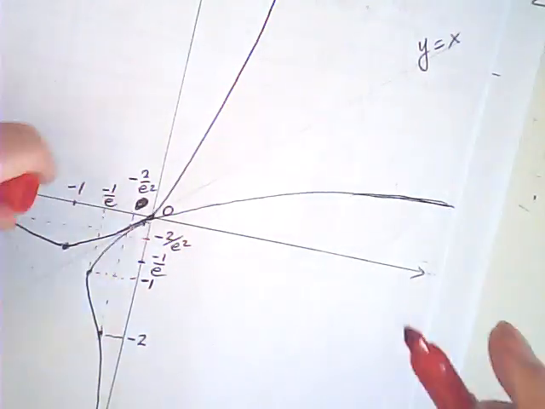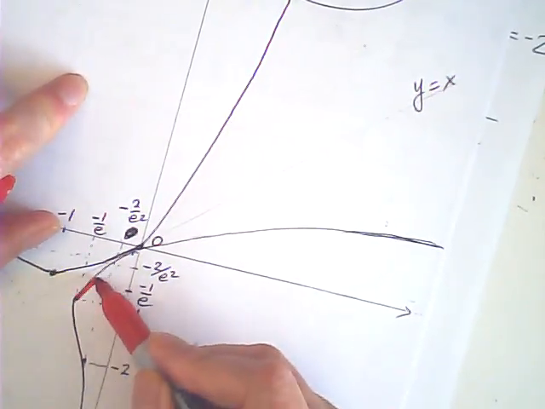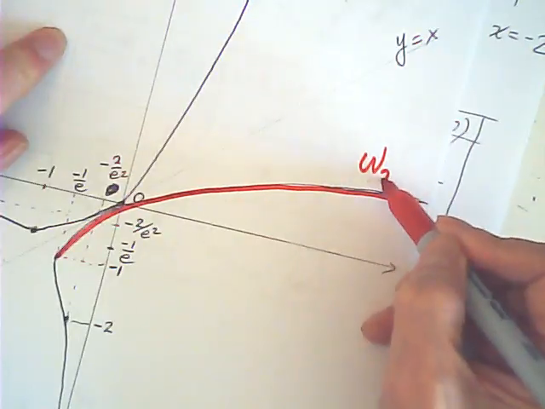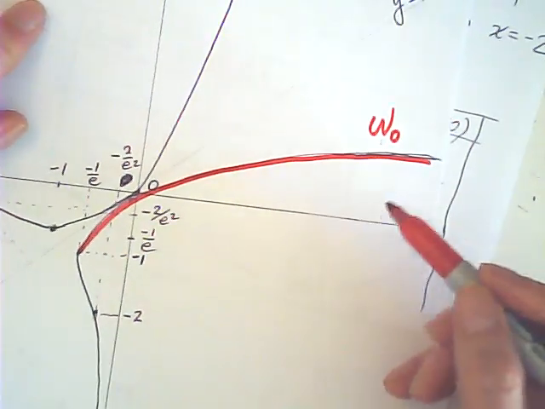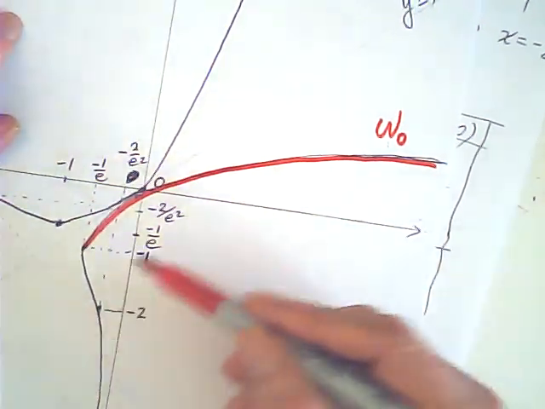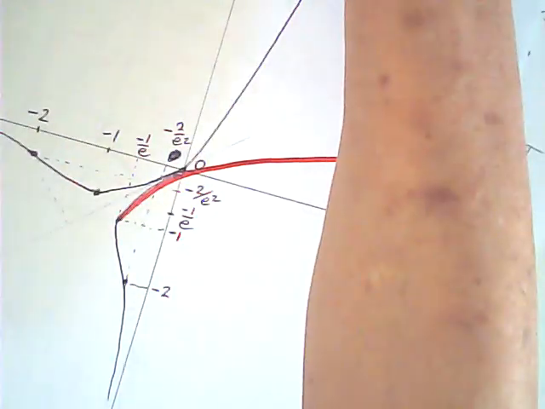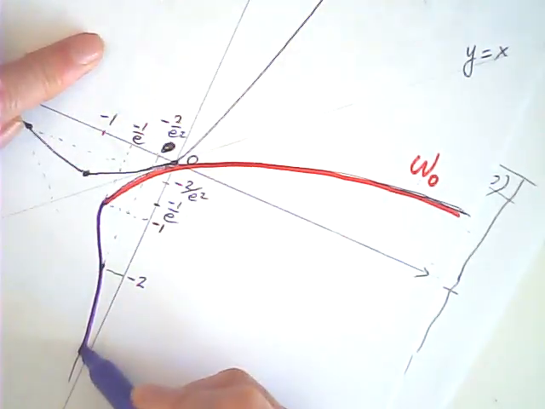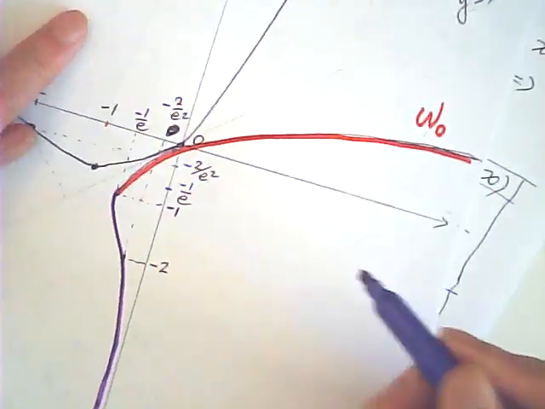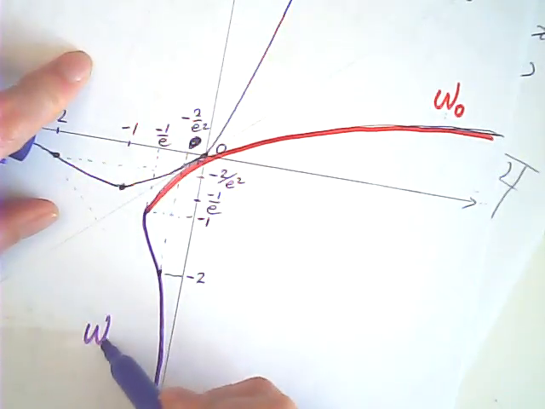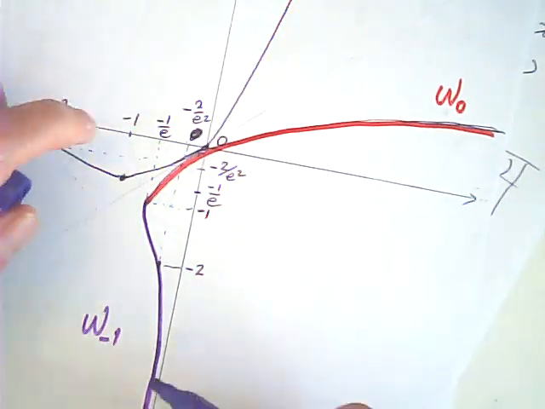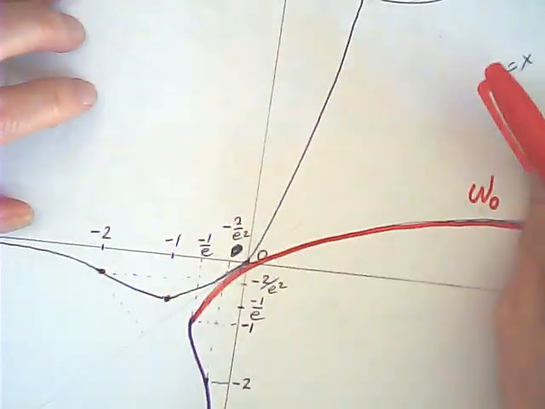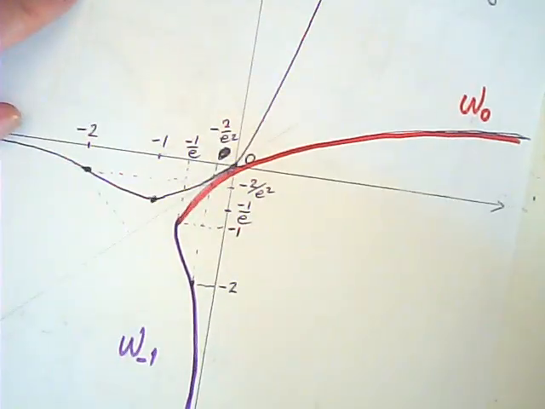We call this part W sub 0, the principal branch. And that part is W sub negative 1, which is the lower branch of the graph of the W function.